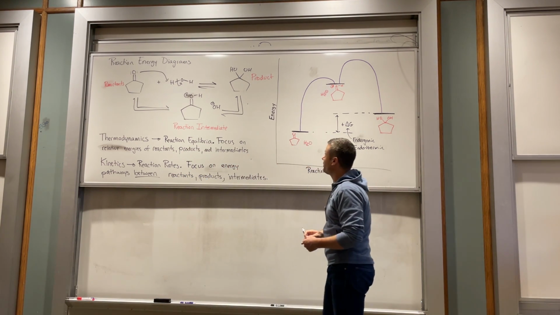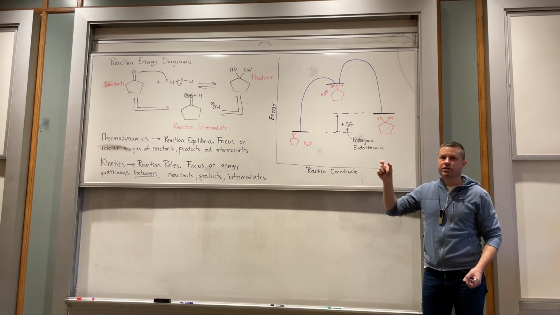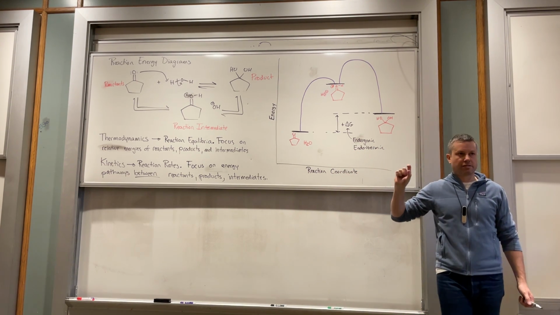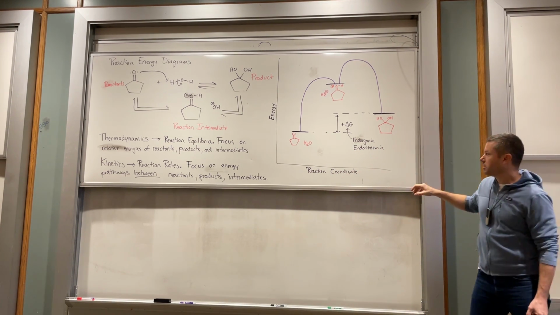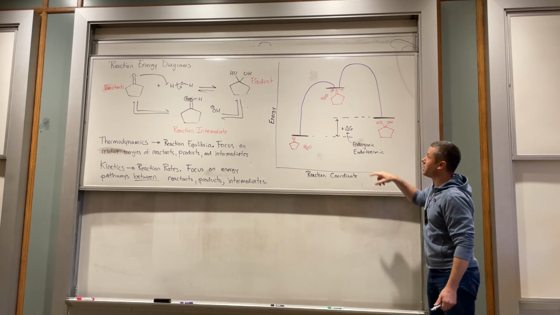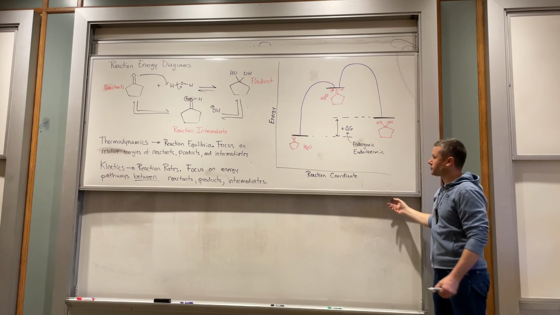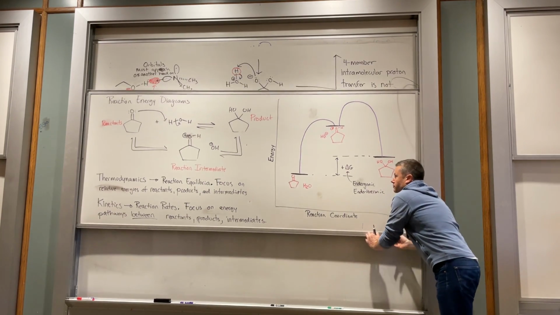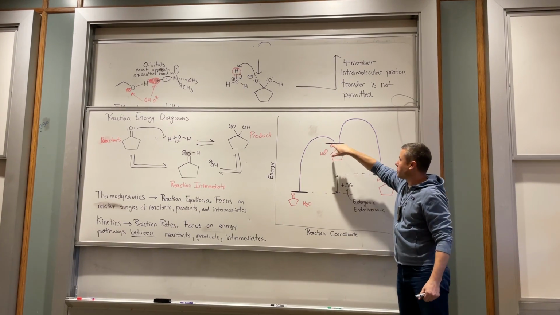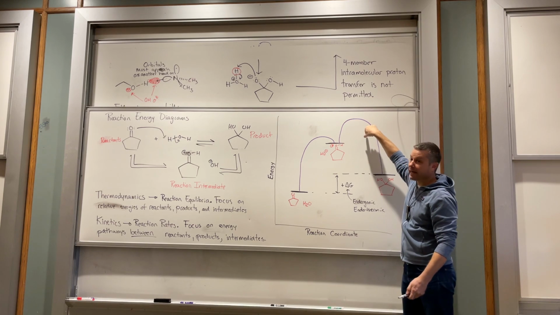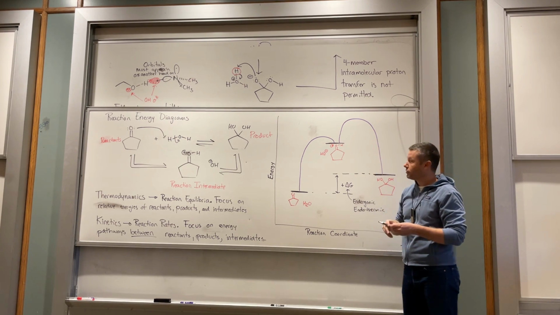Okay, and so when we're thinking about kinetics, we're not looking at the energy levels of the reactants, products, and intermediates necessarily, but we're really focusing on the pathways in between those things. You can see here in purple, I've drawn the pathways. One is going to be a higher energy pathway than the other.